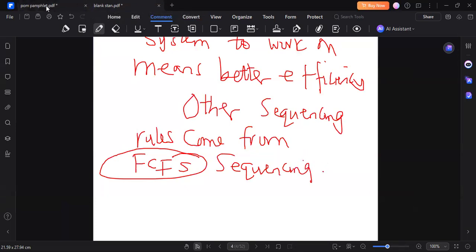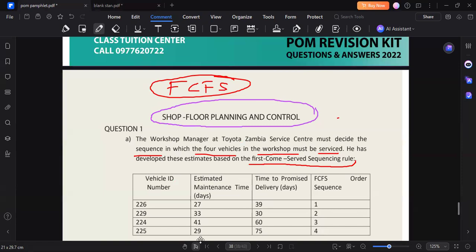So if you can see here, we are talking about the workshop manager at Toyota Zambia, who must decide the sequence in which the four vehicles must be serviced, based on first come, first served. You have the vehicle ID numbers 226, 229, 224, 225. Then we have processing times 27, 33, 41, 29, and the due date.